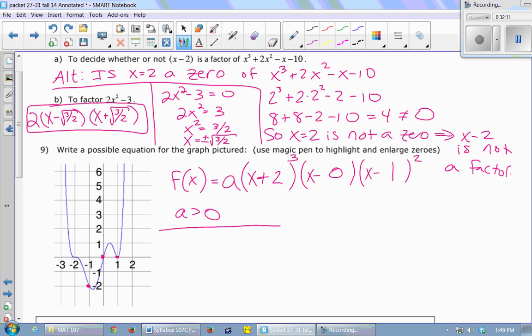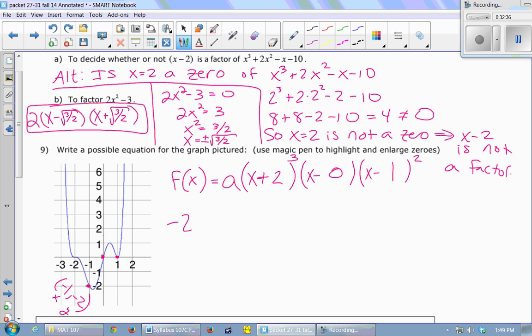Right here. Looks like -1, -2. So I have a point. If you have a point, you can figure out the a value after you've got the zeros set up. If -1, -2 is a point on this graph, plug in -1 for x and -2 for y, and we'll solve for the a.